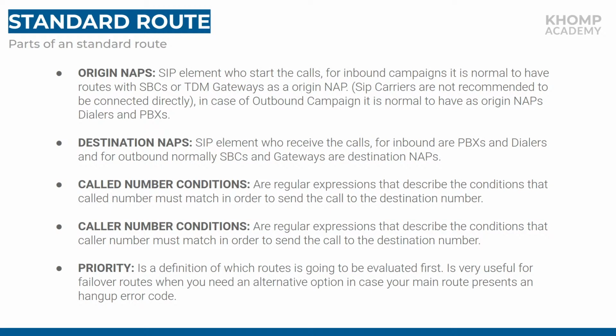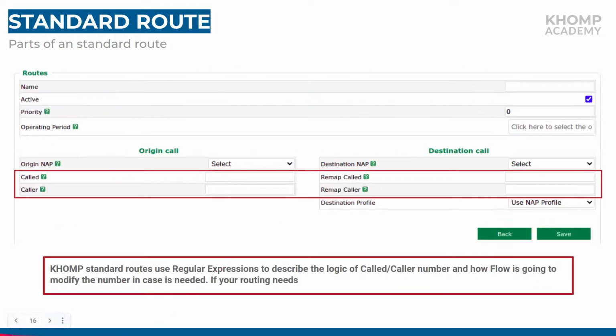So if you put 0 in a route here, this will be the highest priority. Obviously you will have to decide a different NAP. So this is very important.